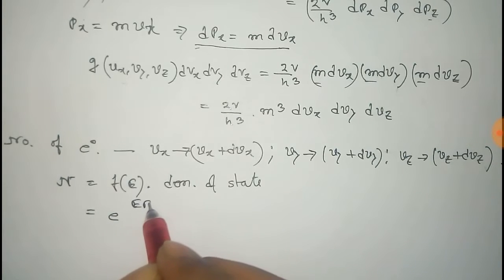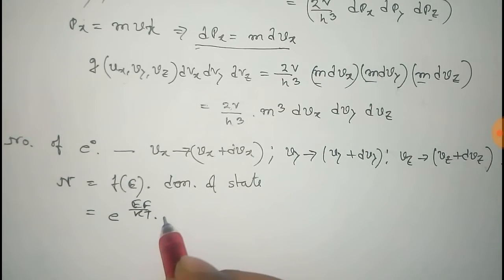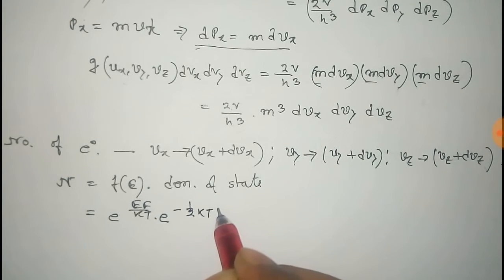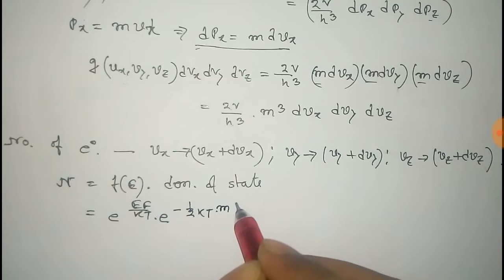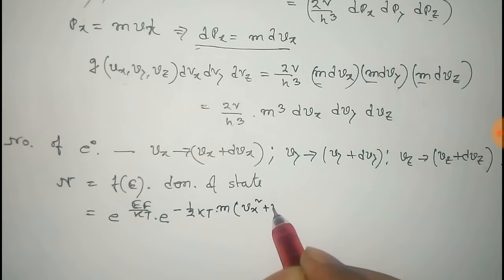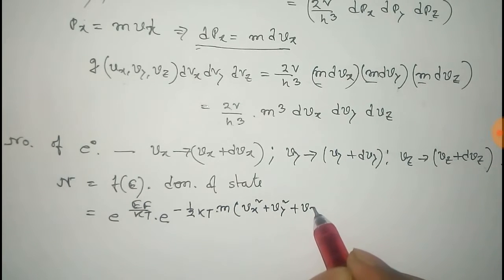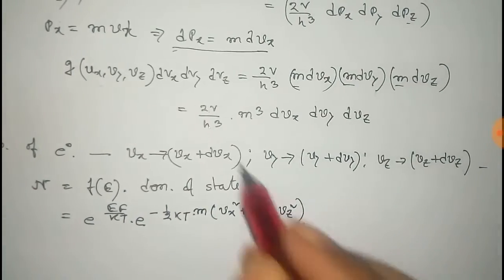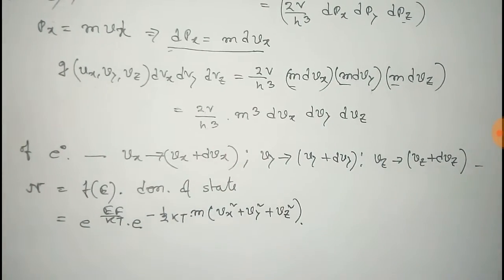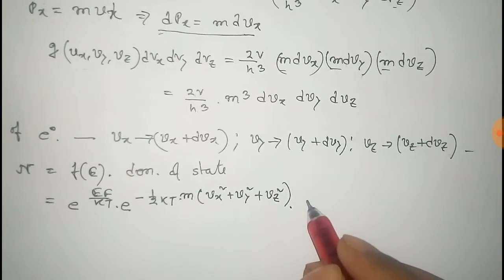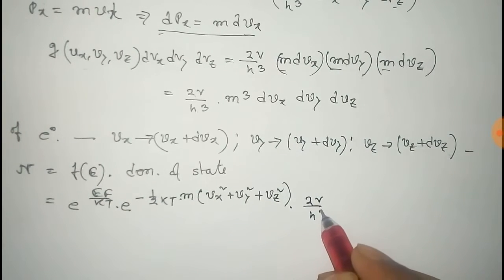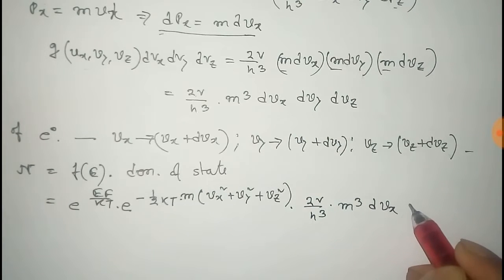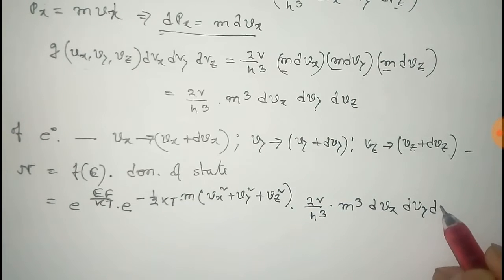So put this value of f(E), that is e to the power EF by kT into e to the power minus m by 2kT into (vx square plus vy square plus vz square), into the degeneracy of the state, that is this term. So multiply with this, that is 2V by h cube into m cube into dvx dvy dvz.